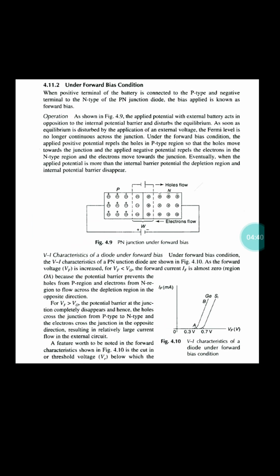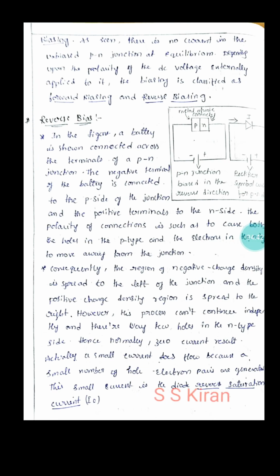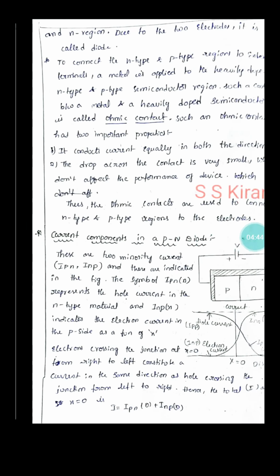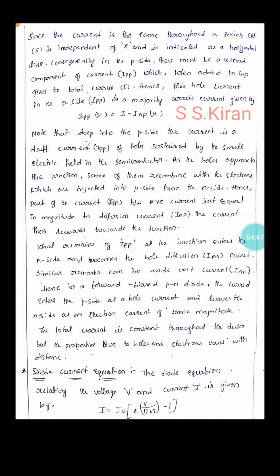Based on these characteristics, we can define one current equation, which is the diode current equation. It describes the relationship between voltage and current.